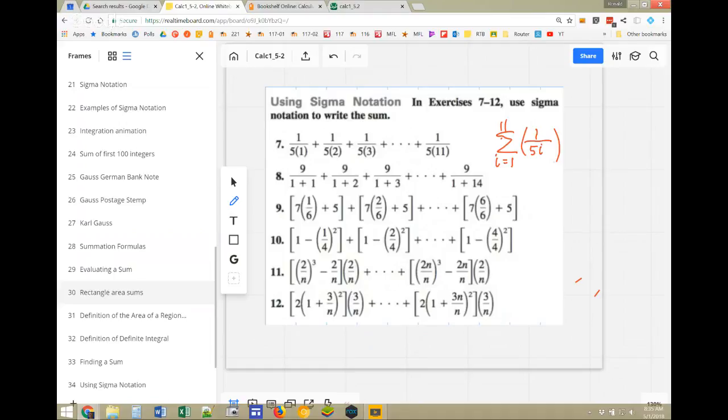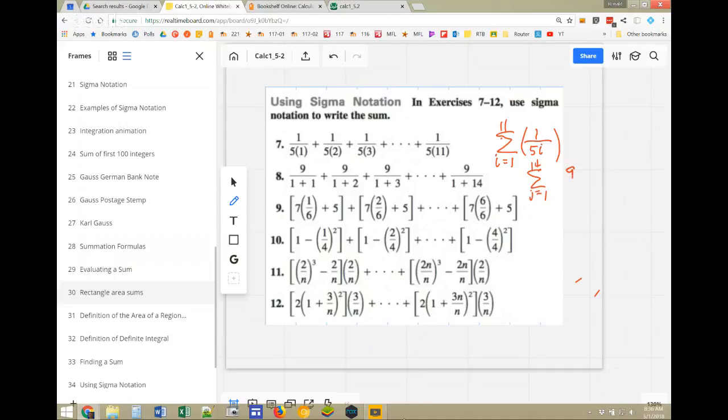How about number 8? All right, so we have sigma notation. Let's say J this time. And J starts off at 1 and it looks like it goes to 14.